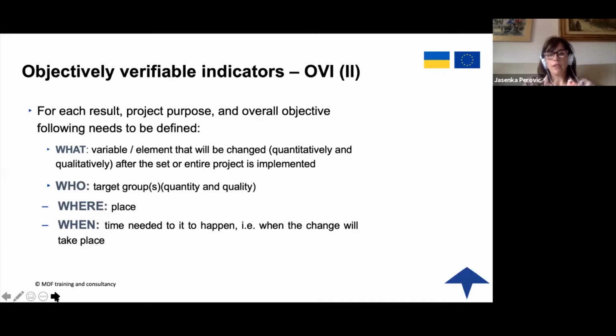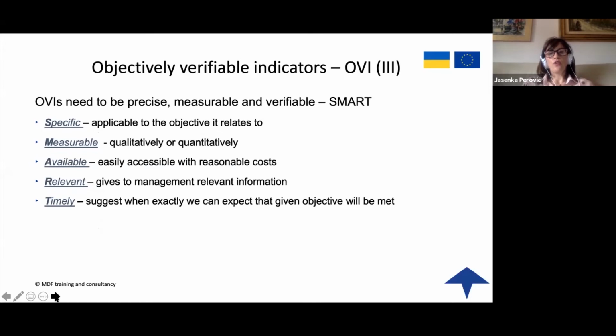So for each result, project purpose and overall objective, the following needs to be defined. What is it that you are measuring, who, where, and when is this going to happen? They are also referred to as SMART. So they have to be specific, they have to be measurable, the information has to be available for you, they have to be relevant.